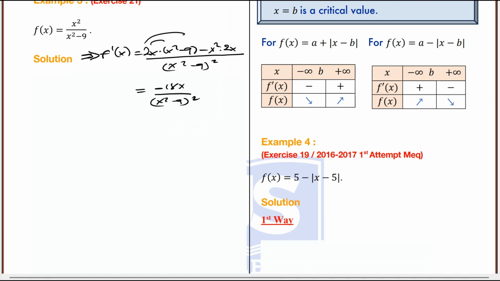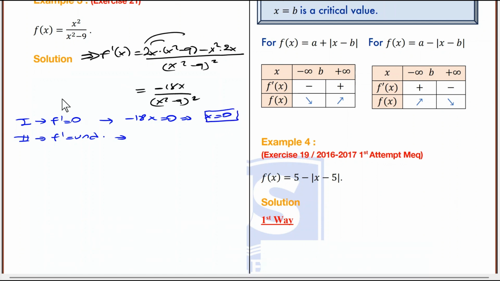So remember, we have two conditions. Since it's rational, we have to check both. First condition, derivative being equal to 0. Second condition, derivative being undefined. If derivative is 0, you equalize top to 0, negative 18x to 0, then x is 0. Is this a critical value?